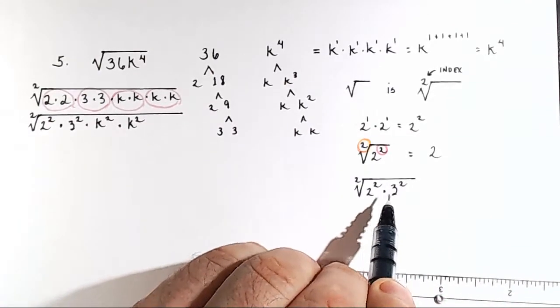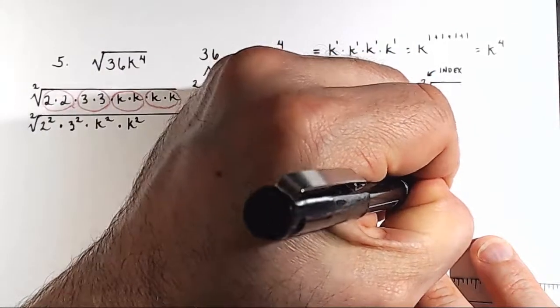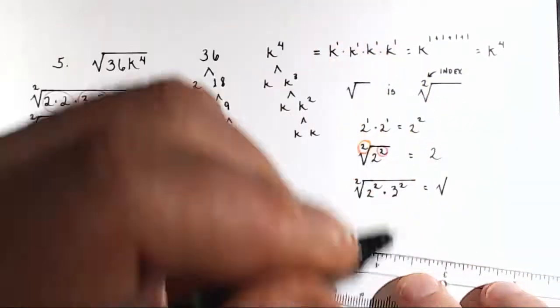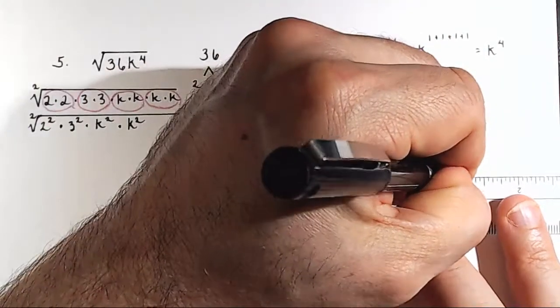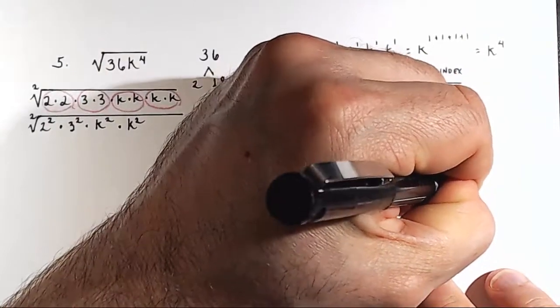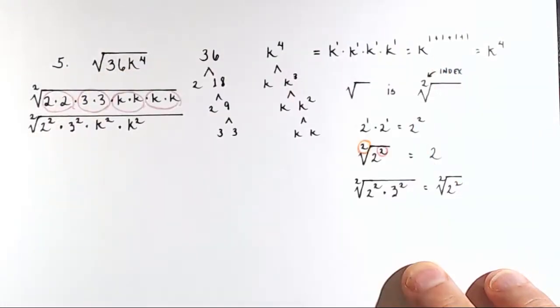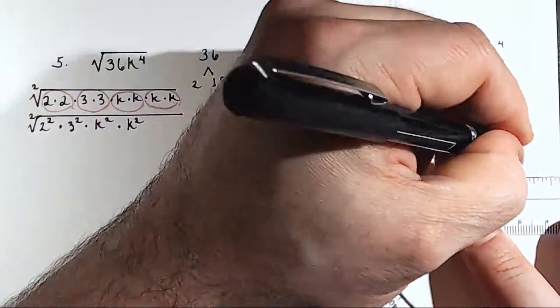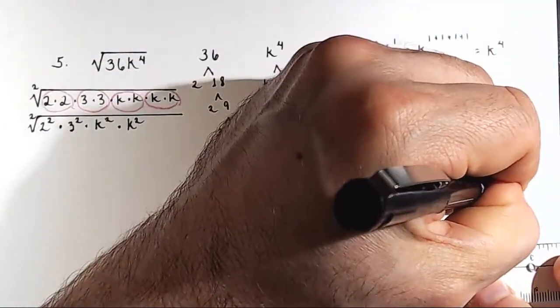Whenever I've got multiplication, I can break this up into 2 separate square roots, like this. That is equal to the square root of 2 squared times the square root of 3 squared.